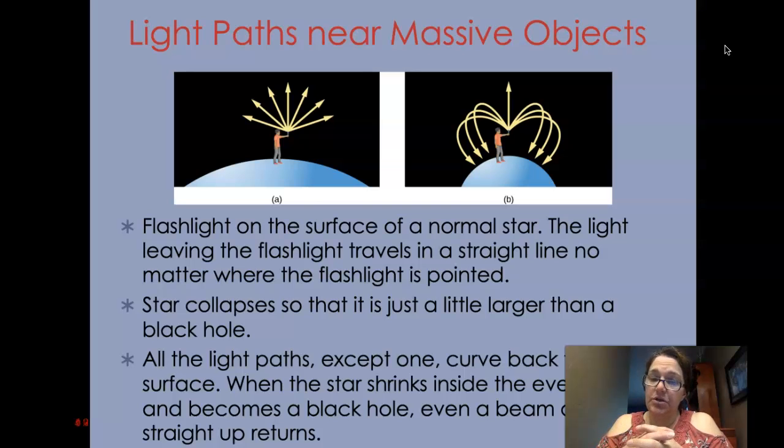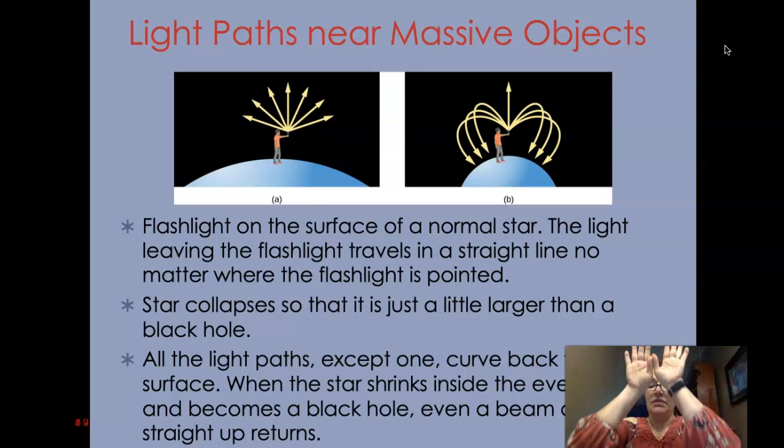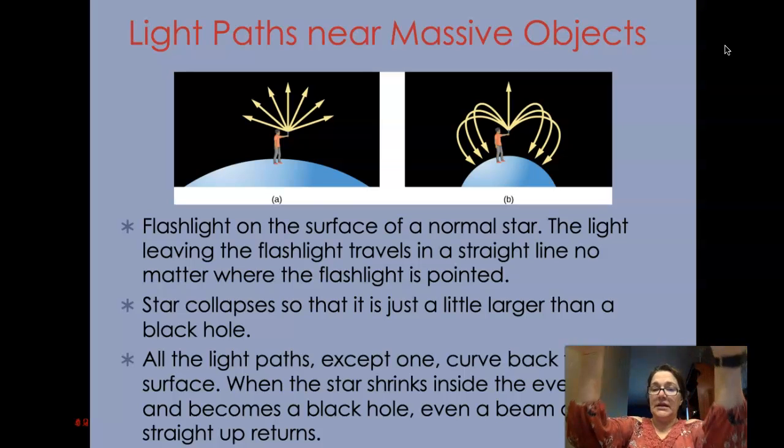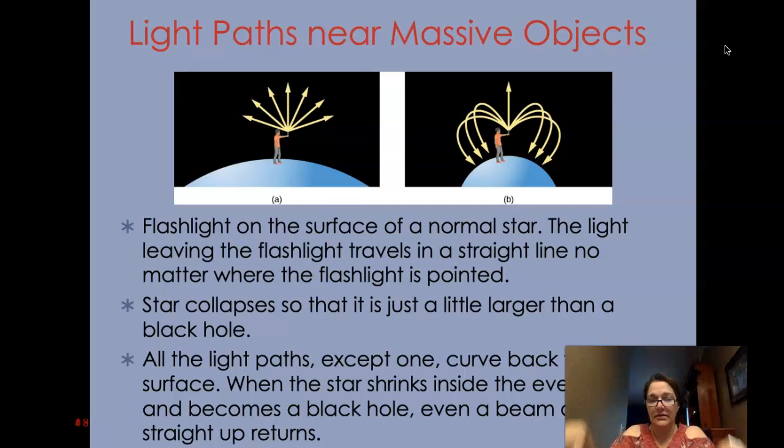So we shrink it, and those light waves begin to instead arc back down and come back down to the star. We shrink that star enough and all light rays come back down. So no light escapes, and guess what? We've just created a black hole.